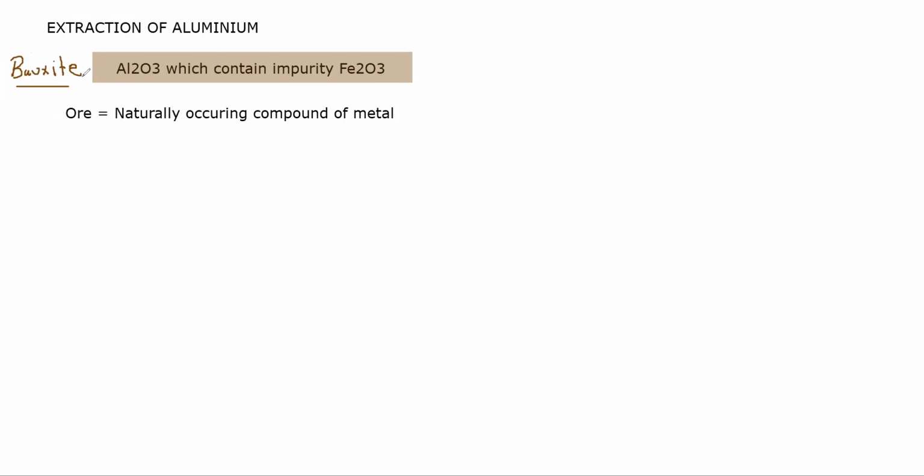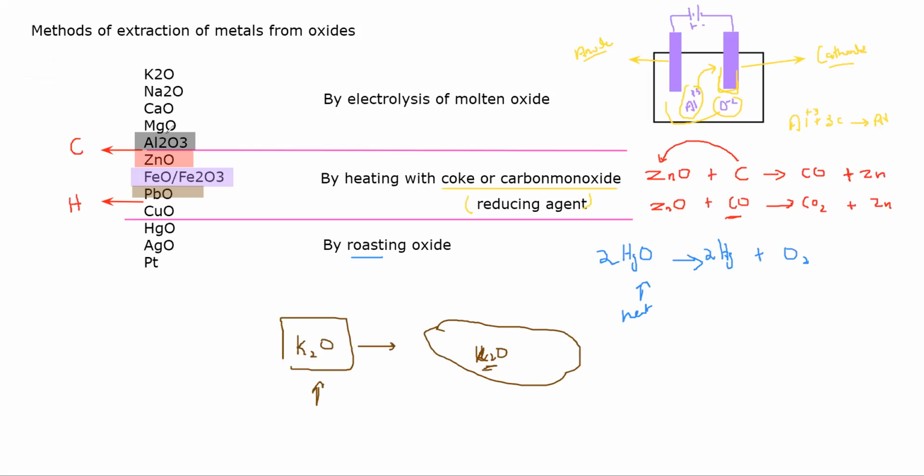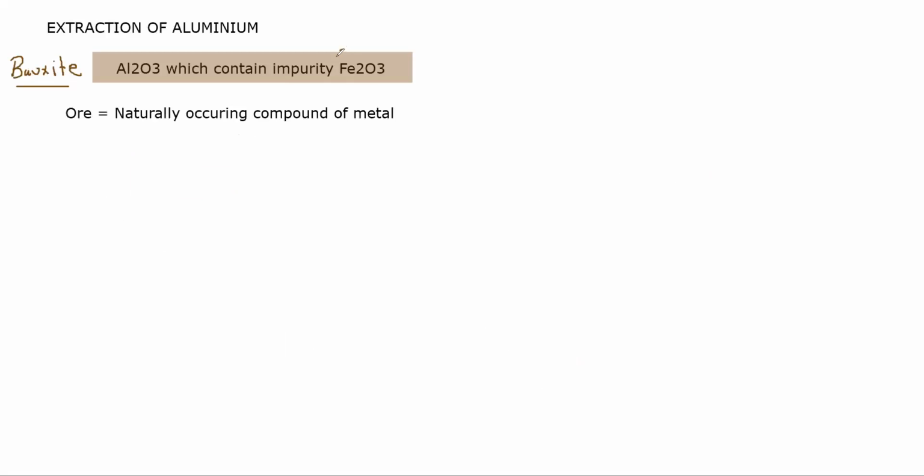As we discussed, we can separate the metal from its oxide. Which technique do we use for aluminium? We use electrolysis. But the problem here is that it is not pure aluminium oxide, it also contains the impurity iron oxide.